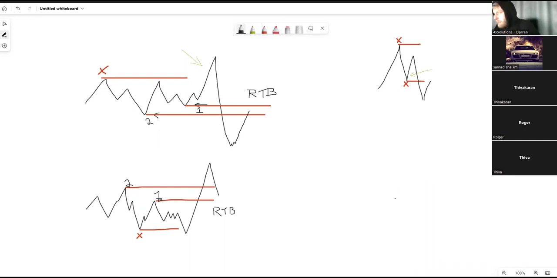Okay, and then obviously in reverse, over here we make a low like this, price trades higher and makes a failure swing. So your liquidity is over here and over here, same thing there and there. Price fails to take out the low and trades higher, and over here is our mitigation.